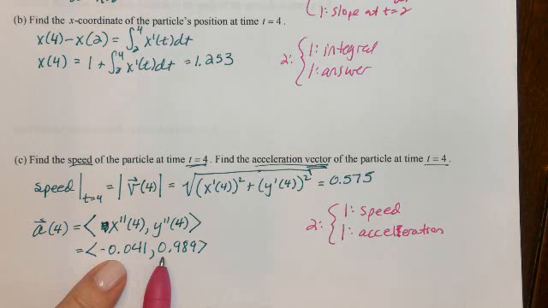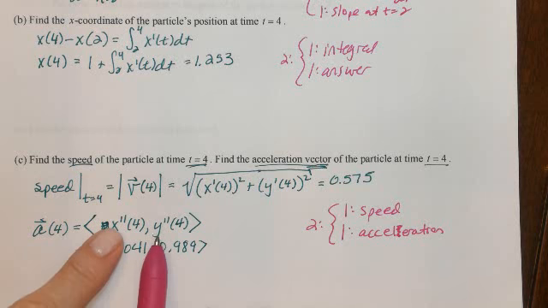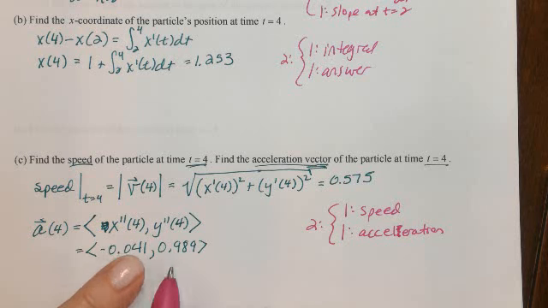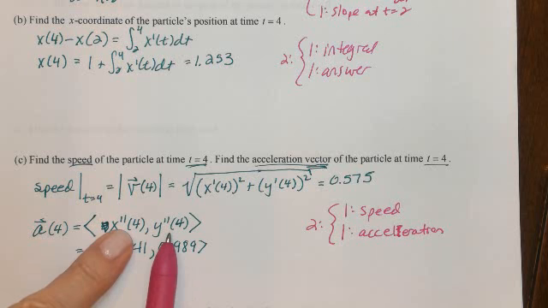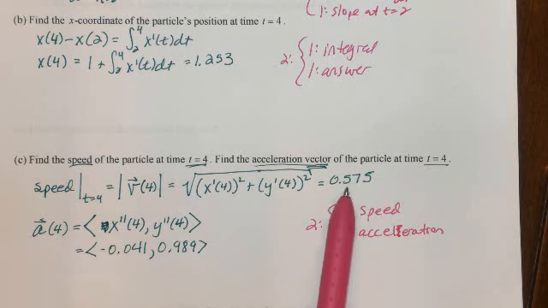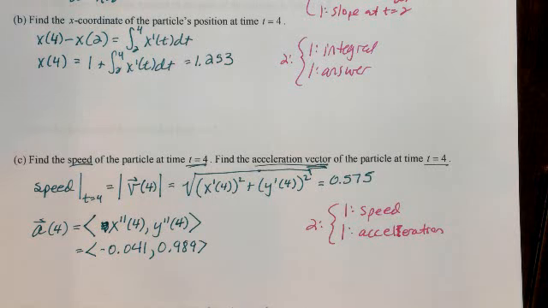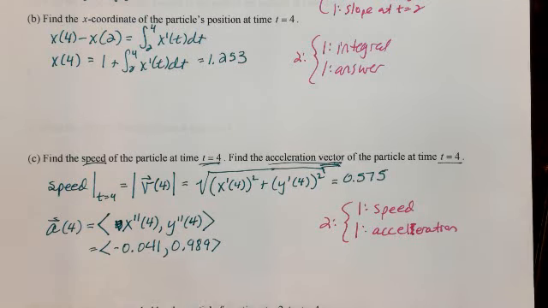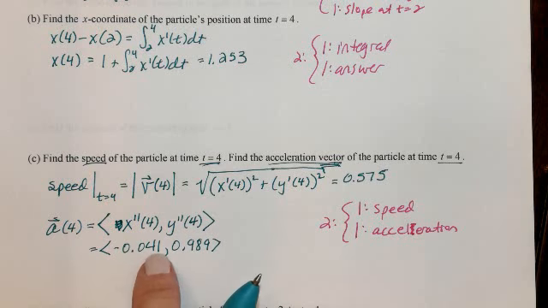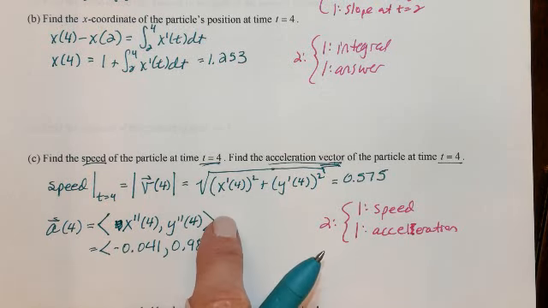You will not get credit for your acceleration if you don't say where it came from. Even if it's correct, you won't get that point if you don't say where it comes from. You have to show what you're doing to get these values. Never put down some decimal without saying how you got it. Never.